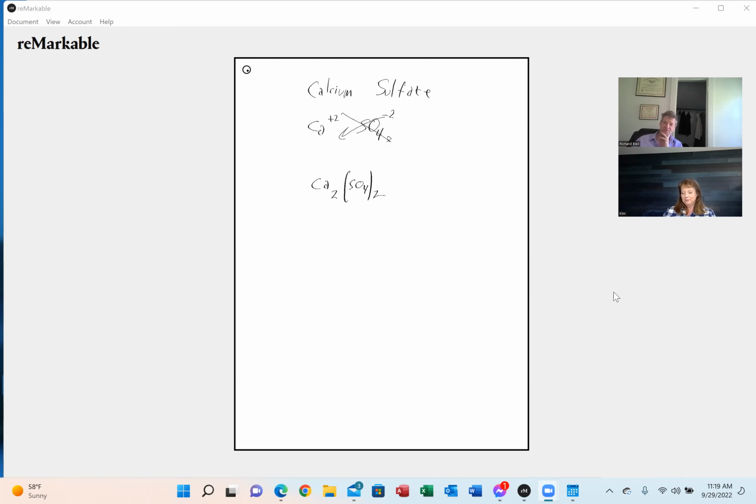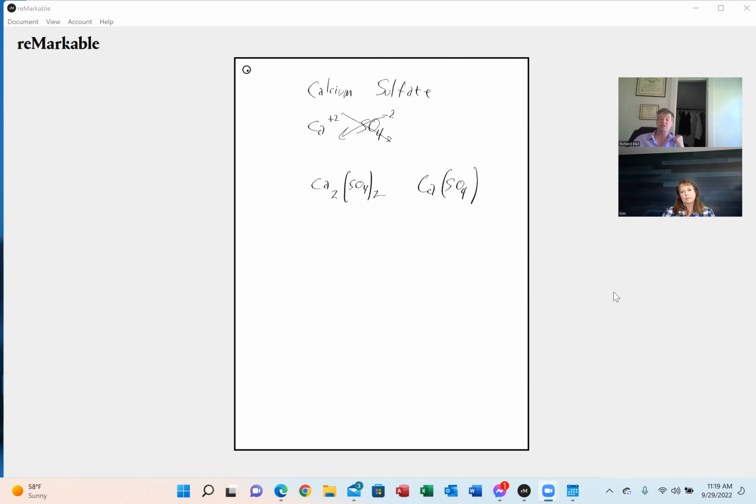Yeah, they cancel out, don't they? Common denominators always cancel out in ionic compounds, not in covalent compounds, and now you understand why. In covalent compounds, we have actually 4 carbons all bonded together. So we do not cancel out in covalent compounds, but in ionic compounds we always cancel out that common denominator.